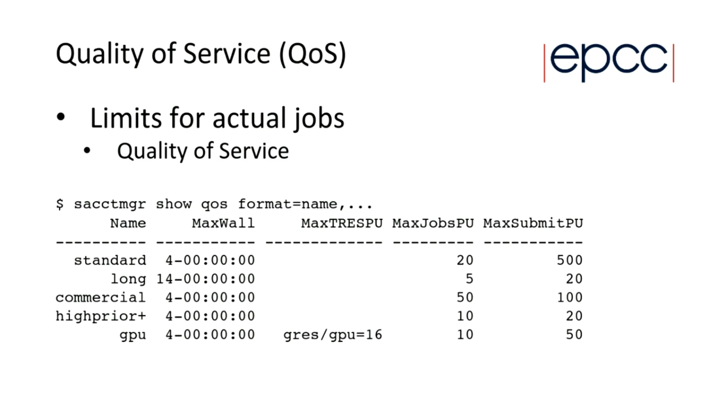There is a long quality of service, which has a maximum wall time of 14 days, and also of interest is the GPU quality of service, which must be used for the GPU queue. The maximum size of job you can run in the GPU queue at the moment is to use 16 V100 cards, which is 4 nodes.